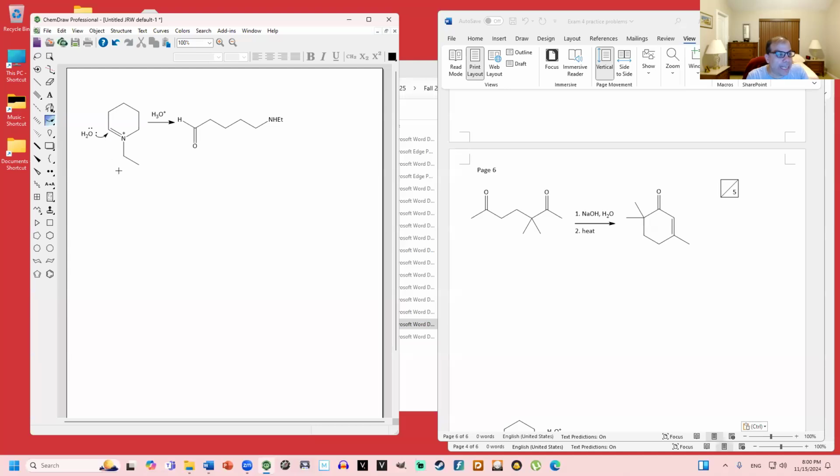So the water will attack that carbon and push the electrons onto the nitrogen with a plus charge. And now that nitrogen has its lone pair back.